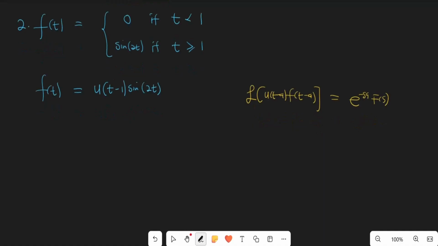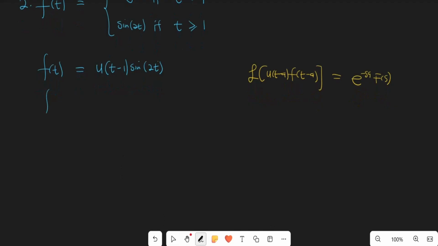But you have to shift this t by 1, so let's do that before we can take the Laplace transform. So f of t is equal to u of t minus 1. Here I'm not going to shift it by pi, I'm going to shift it by 1 because we want it to conform with this. So that is going to be sine of 2 into t.